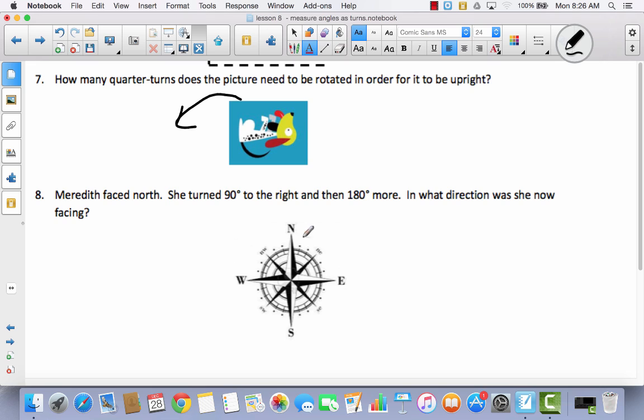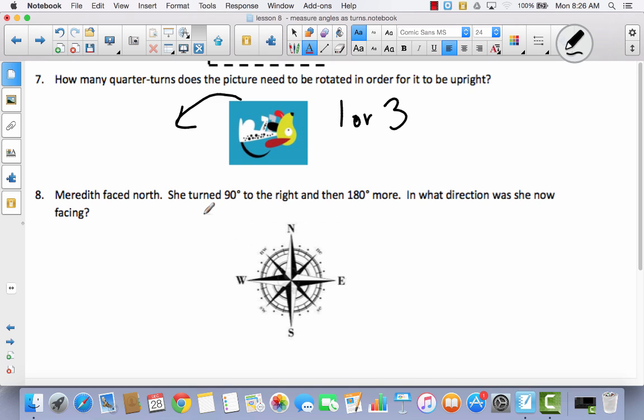But if you turned it this way, you would have to make 3 quarter turns, because when you turn it this way, it'd be upside down, and then you turn it again, it would be facing this way, and then you'd have to turn it this way, so that would be 1, 2, 3. So I would take either. You could say 1 quarter turn, or you could say 3. Depends on which way you turn it. Because if you turn the paper this way, then you would have to turn it 3 times. But if you turned it once to the left, you would only have to turn it once.